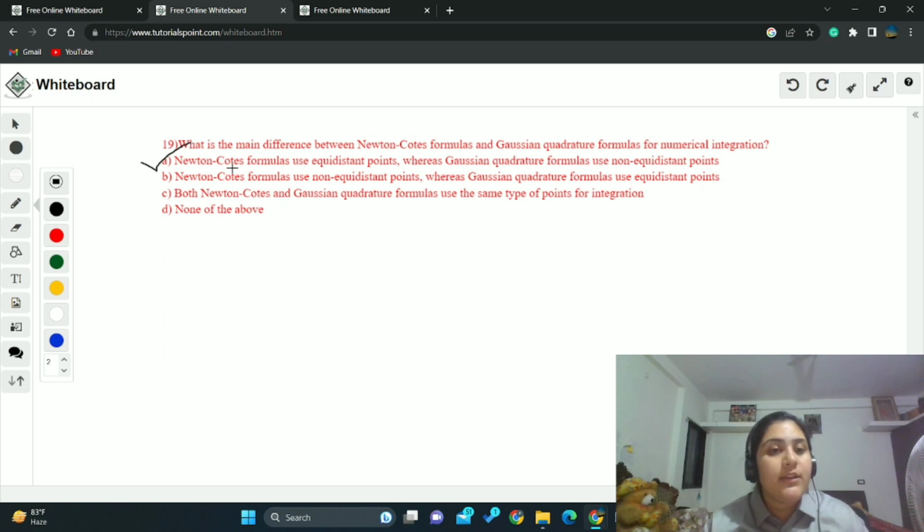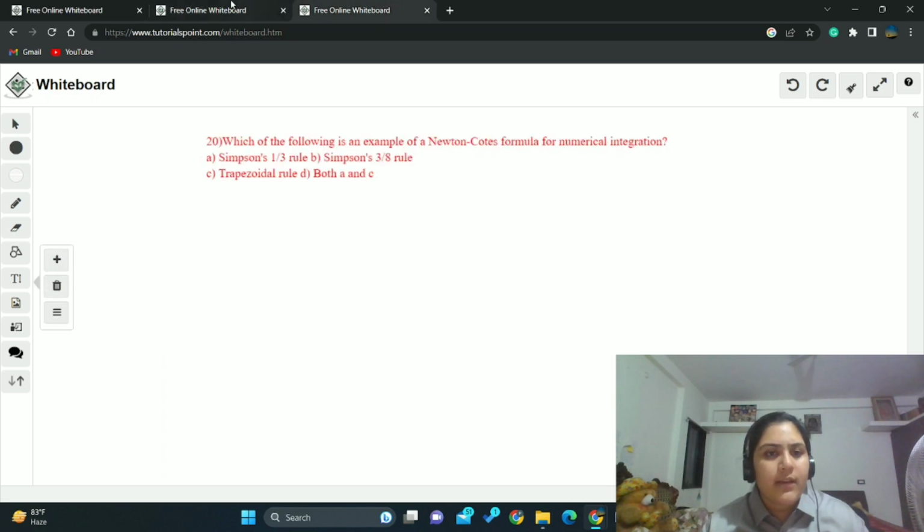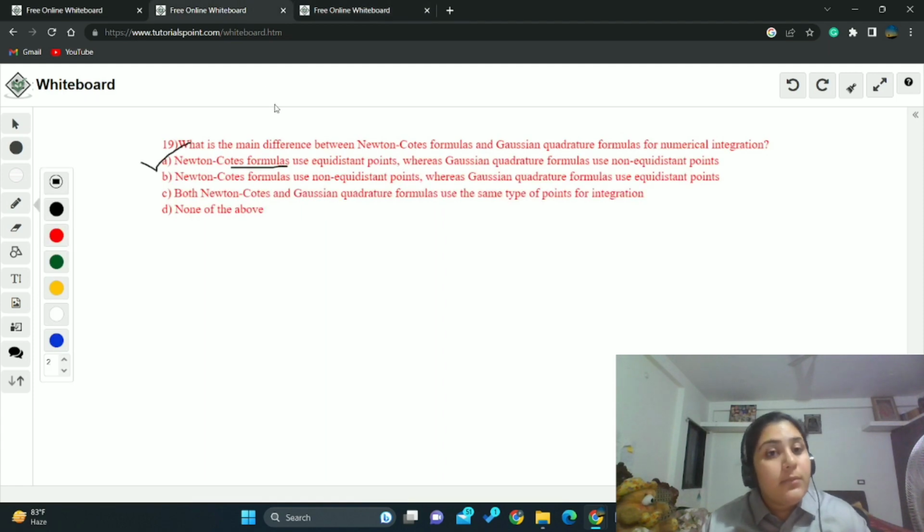As we see, the Newton-Cotes formula contains two methods. First is Simpson's method, and second is the trapezoidal method. Both methods use equidistant points from the integral function. So this is the correct option. So in question number 19, option A is correct.